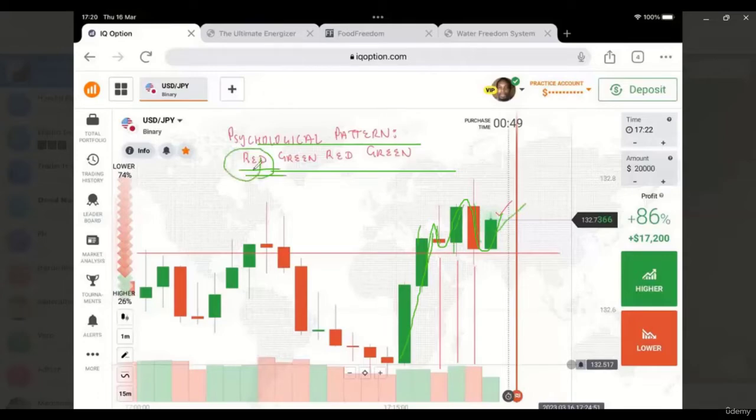The green comes first. Because when the market is going up, we have to place our trade in the upward direction only, not the downward direction. And when the market falls down, then we have to take the first one as a red.